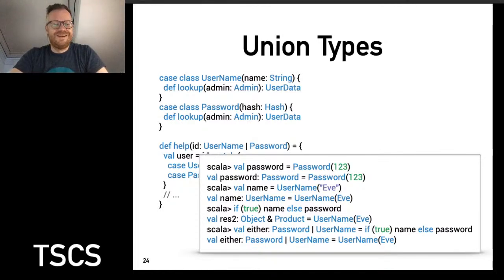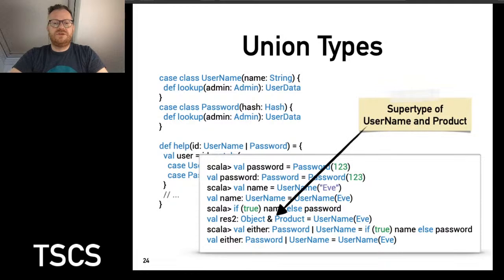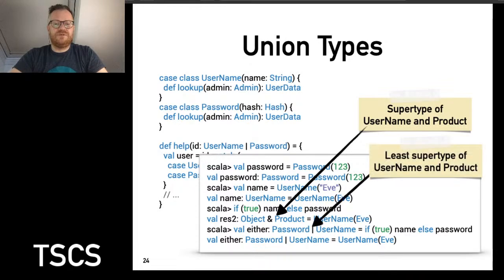And there you can see, if we do this explicitly in Scala 3, we can get a much more narrow type for this password or username type. So this is a supertype of Username and Product. And this is the least supertype of Username and Product. Password.